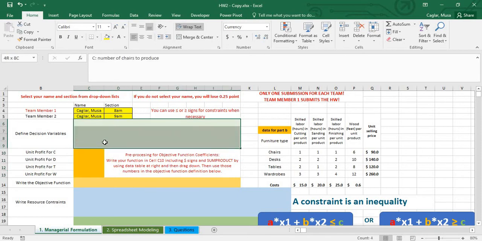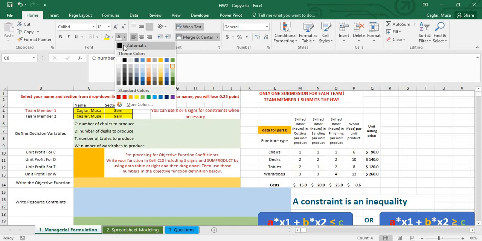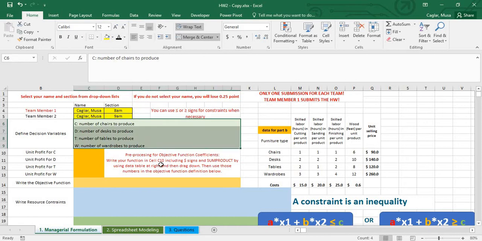So our decision variables are the number of units for each furniture type.